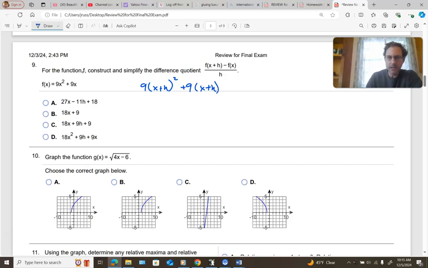And then you've got to say minus, up here, and then you plug in f of x. Well, f of x is this function, and if it has more than one term, you need to keep it in parentheses, because that negative ends up having to get distributed. And then technically this is all over h, but I don't like to put that in there until the very end.